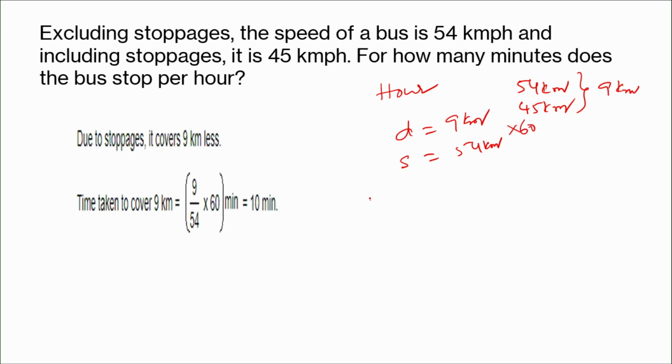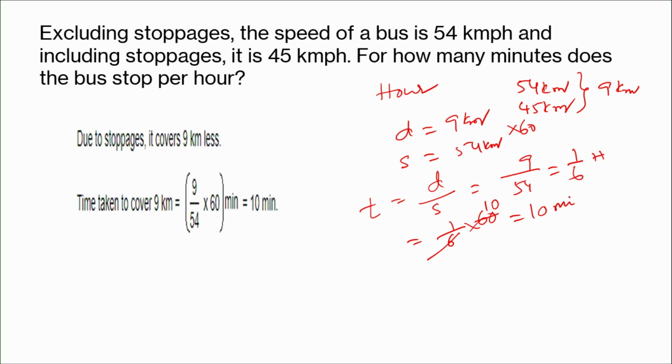The time t is equal to d by speed, that is 9 by 54, that is 1 by 6 hours, or 1 by 6 into 60, because 1 hour equals 60 minutes. 6 tens means 10 minutes. So, the time taken is 10 minutes, or 1 by 6 hours.